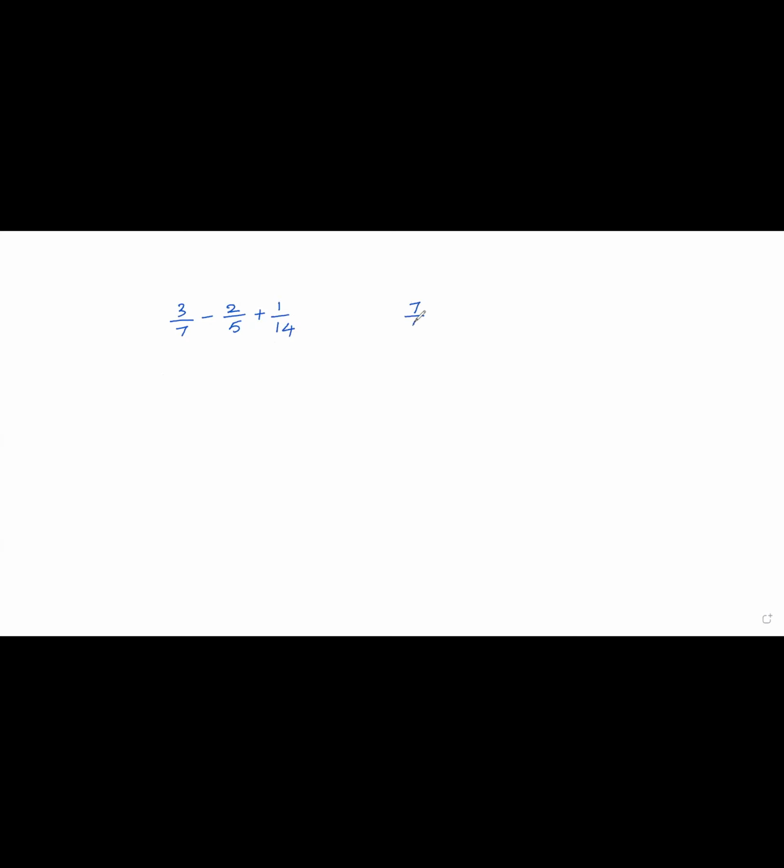If you see 7 by 5, equivalent fraction this one, and the LCM here becomes 35. Now 35 by 14. So that gives us here 7 times 5 by 2 cross multiplication.